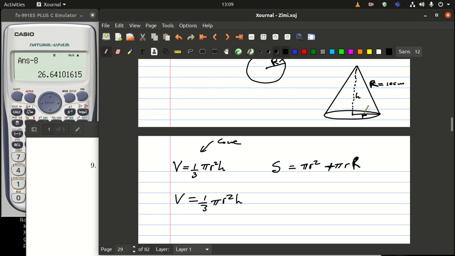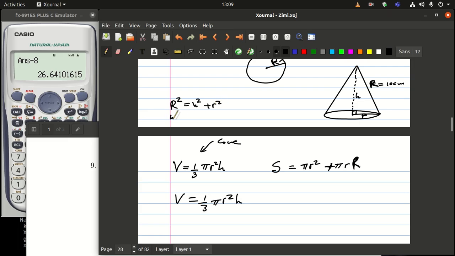So if you look here, this is a perpendicular height. If you are looking at this triangle, you will find out that using Pythagoras theorem, this side is a hypotenuse, because it is opposite the 90 degrees. So we have capital R squared equal to h squared plus small r squared.